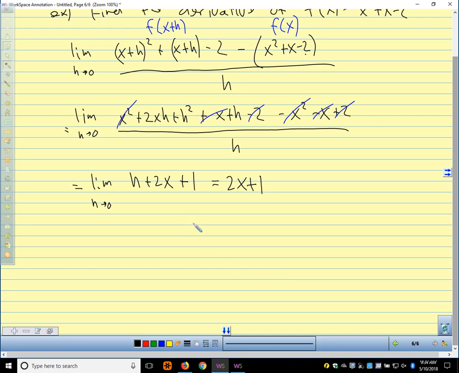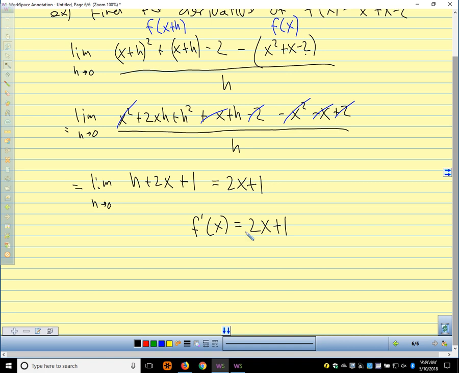So the derivative, f prime of x equals 2x plus 1. And if we plug in any value of x, that will be the slope of the tangent line at that particular point.